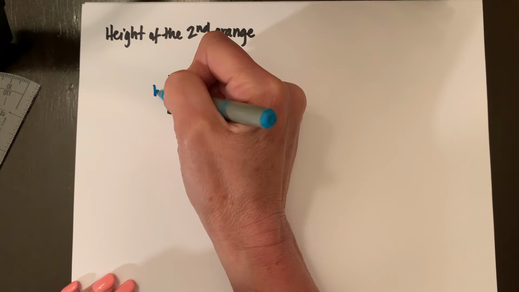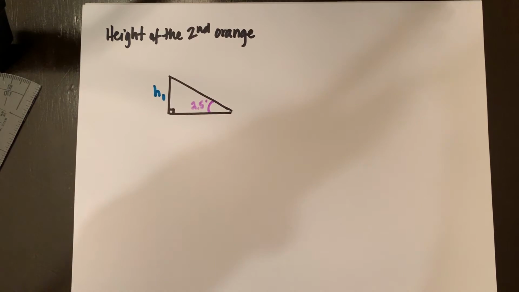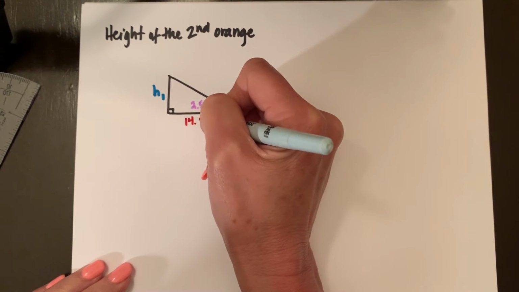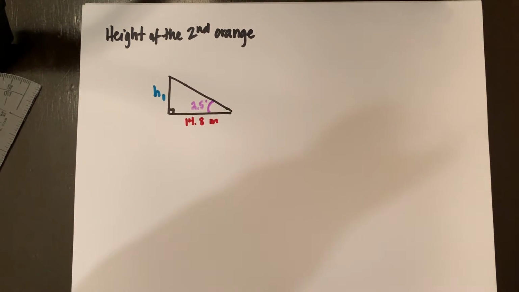We're trying to figure out that unknown height. And we know the distance from me and that tree was 760 centimeters or 7.6 meters, combined with 720 centimeters or 7.2 meters. So 7.6 plus 7.2 gives us a length of 14.8 meters.